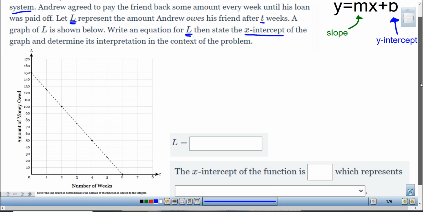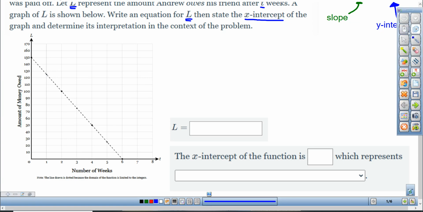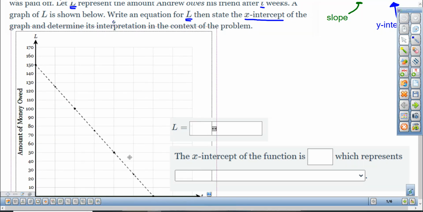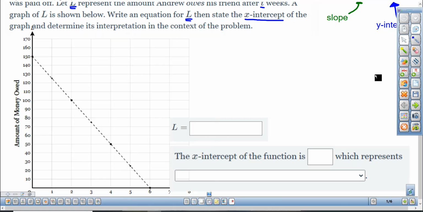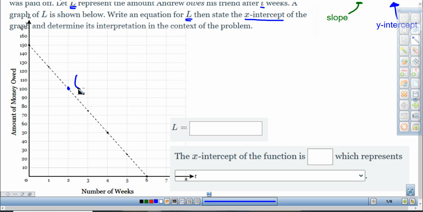So here's the graph that goes along with this story. You can see certain highlighted ordered pairs, and I apologize if the numbers are too small for you to read. This right here is the ordered pair (2, 100).